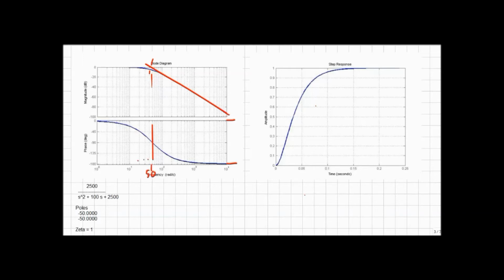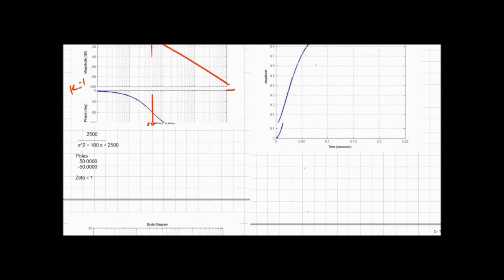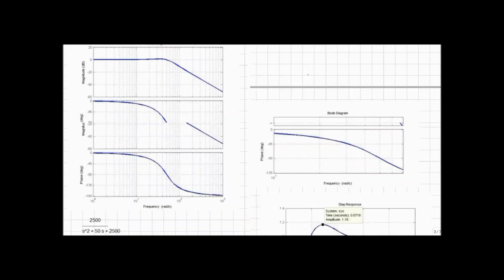So that's right where our poles are located. So we found the poles in the right place. They're both real. So that would be our model: K equals 1, and our poles are at minus 50. So that identifies pretty well. And it helps that I just used MATLAB to generate these and not real data.